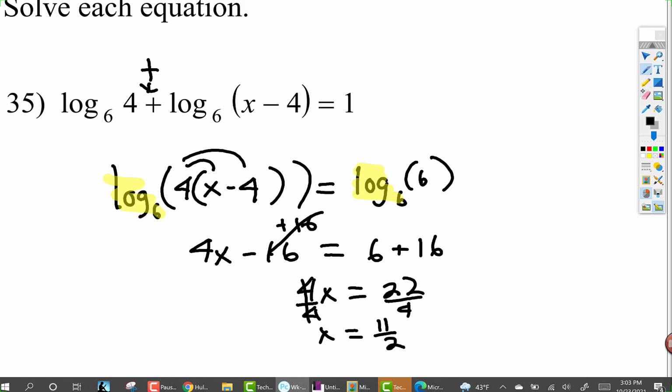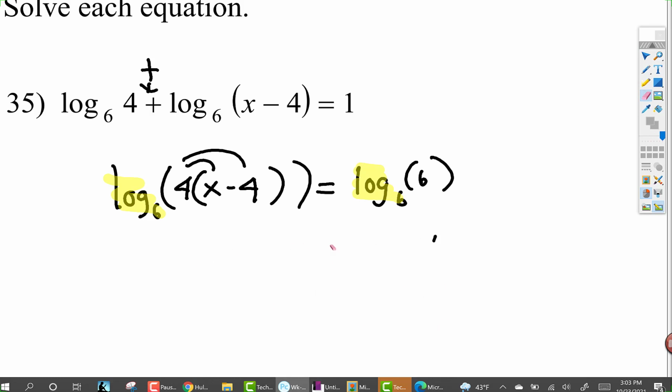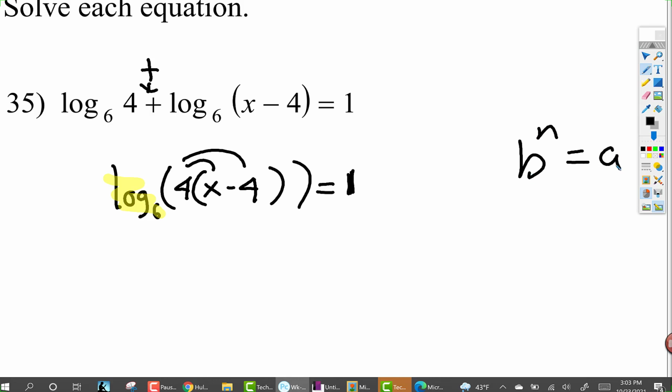Okay, really quickly, I'm going to erase all of this, and I'm going to leave it like that. I could rewrite it as b to the n is equal to a, and it will be the same. 6 to the first is 6 equals the argument, and remember we did the distributive.